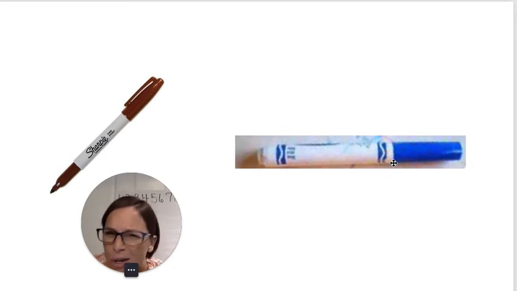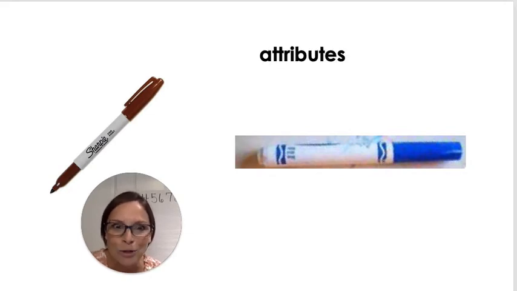It's the royal blue one, not the baby blue one, right? So it's darker. So did you see what we did there? We took a look at the attributes of my markers. I like this one for some coloring. I like this one more for some writing.